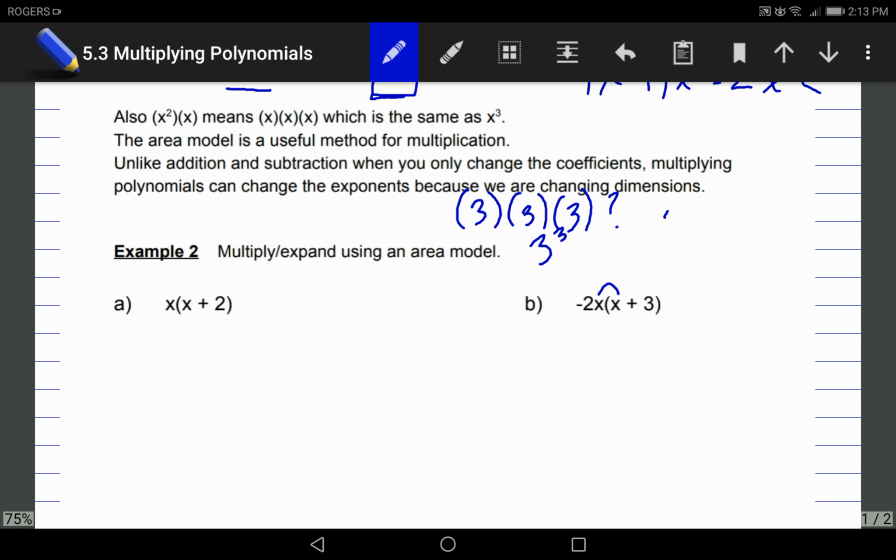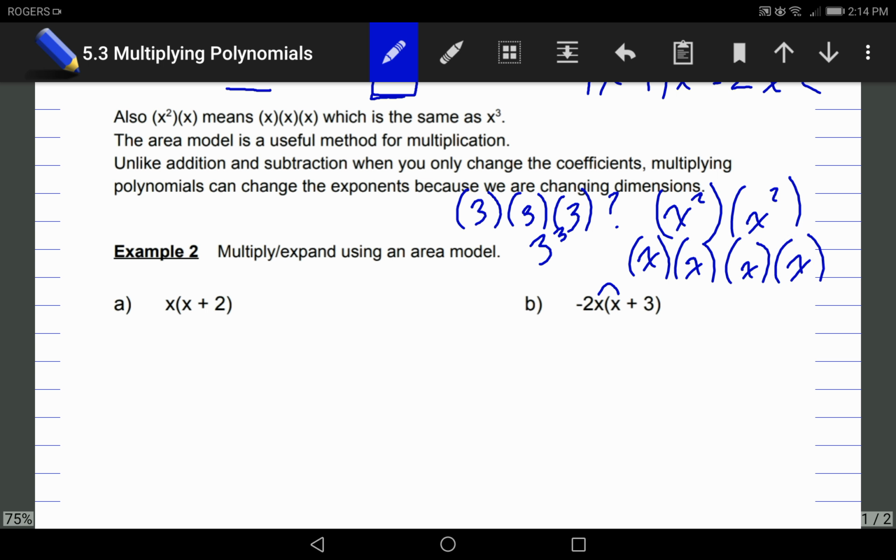So if I have x squared times another x squared, let's break this down again. The first x squared can be rewritten as x times x. The second x squared can also be rewritten as x times x. So what's a simplified way of writing that?